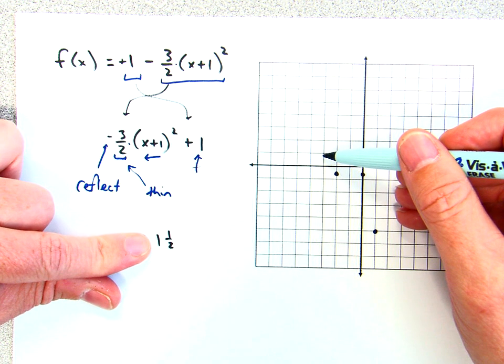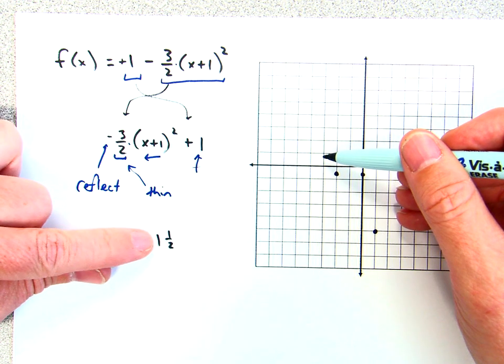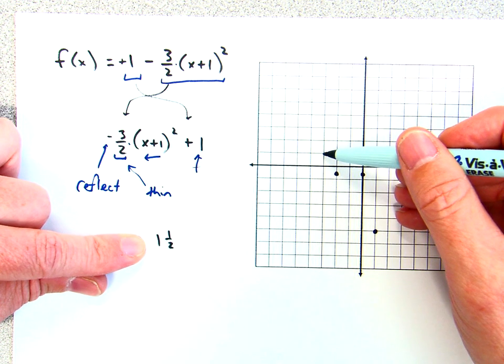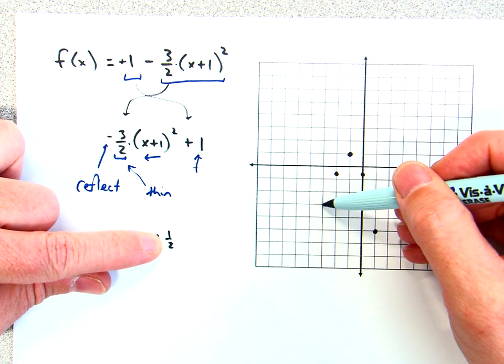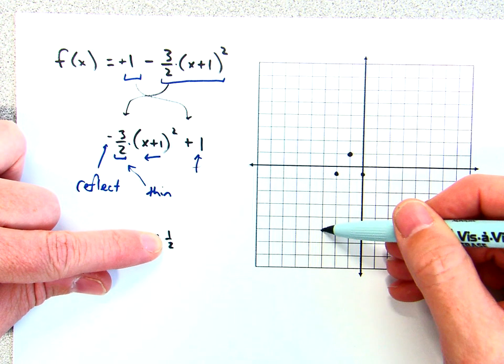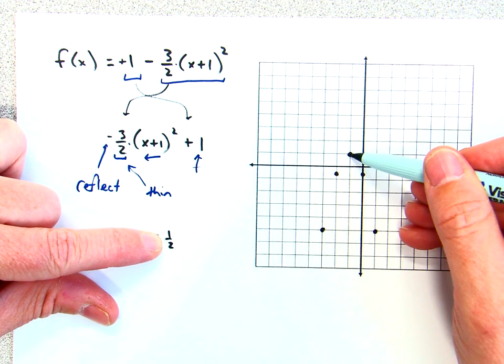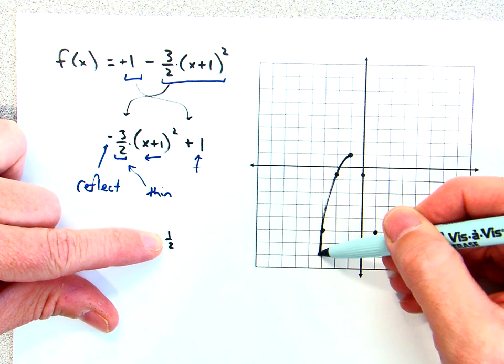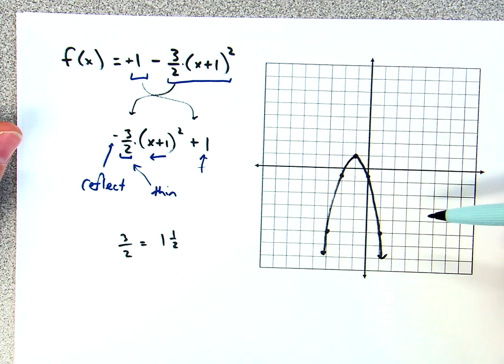I want 1 four and half of 4. So I go 1, 2, 3, 4, and half of 4, which is 2, 1, 2. So it is a little thinner than it normally would be, as we can see.